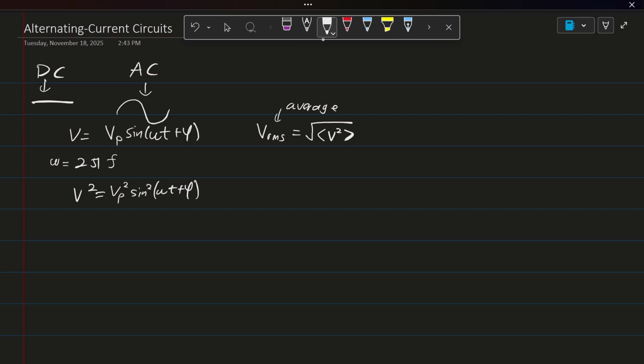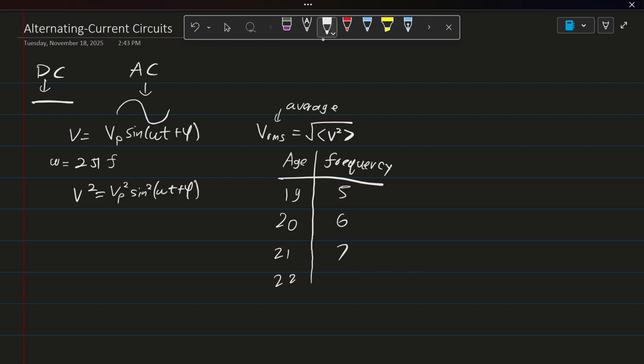So let's discuss a little bit about probability as well as statistics. Within statistics, let's say you have a table in which you have ages 19, 20, 21, 22. And then we could have frequency, or pretty much the number of people who have this age, and let's say it's 5, 6, 7, 4.